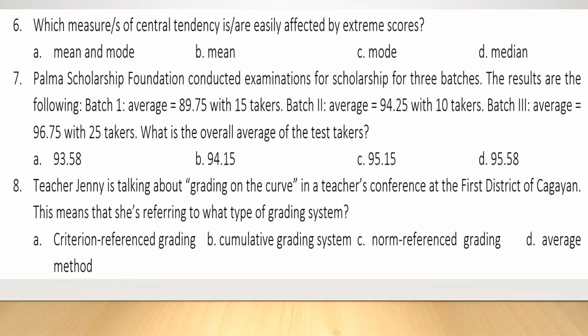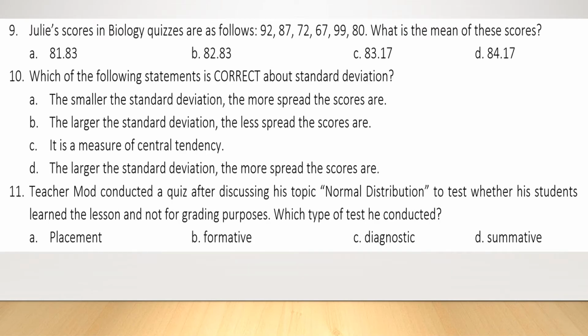So the correct answer for number 8 is letter C, norm reference grading, grading on the curve. There is an analysis between and among the student scores within a particular group or a particular norm group.